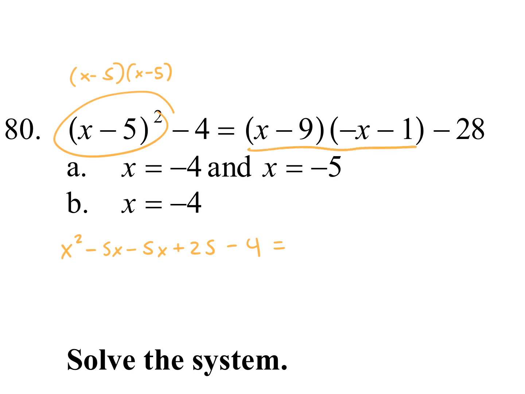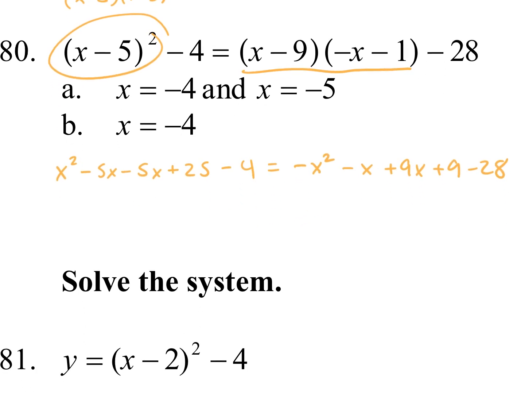I'm going to FOIL these two out also, so that turns into negative x squared minus x plus 9x plus 9 minus 28. Now we can combine our like terms. So I'm going to start with like terms on the same side. So this would be x squared minus 10x plus 21 is equal to negative x squared plus 8x minus 19.